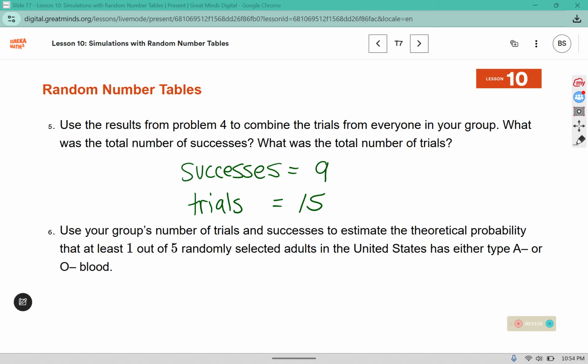Then it says to use the number of trials and successes to estimate the theoretical probability that at least 1 out of 5 randomly selected adults in the United States has either type A or type O. That is 9 out of 15, which if we were to change it to a decimal would give us an approximation of the theoretical probability, and that is 0.6, or roughly 60%.